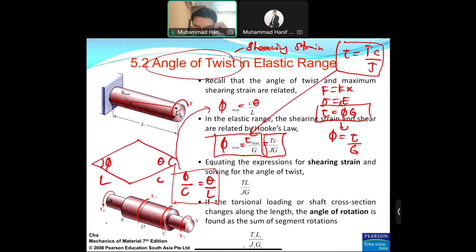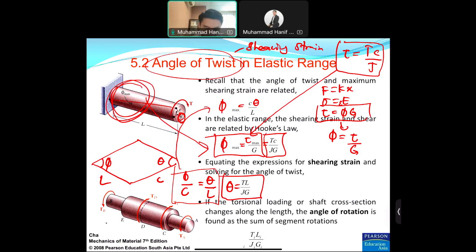The next statement: if the torsional loading or shaft cross section changes along the length, the angle of rotation is found as the sum of segment rotations. So theta equal to TL over JG, where we can use this formula for a single segment, like in the first figure at the top left. Let's say we have the second figure at the bottom left here. You need to sum up everything.